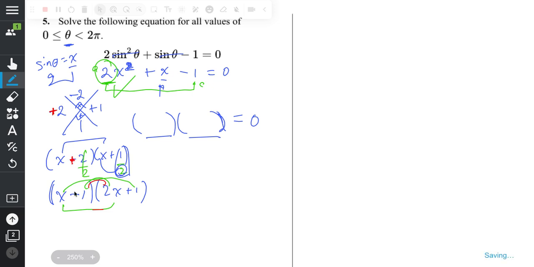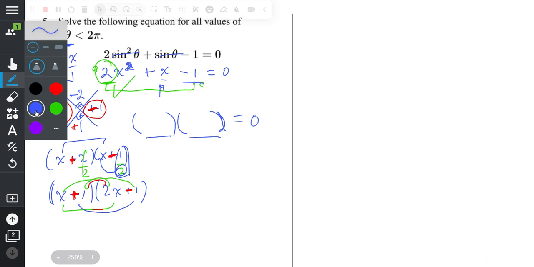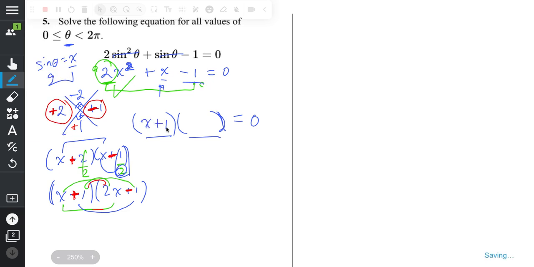That should end up positive. This is negative. That's how +2 and -1 add to +1. I just proved my own message. You should always FOIL to make sure that your factoring came out right. And now I think it does. And final FOIL, +1 times -1 does make this. Okay, so here are two binomials. I'm very confident. x plus 1, 2x minus 1.